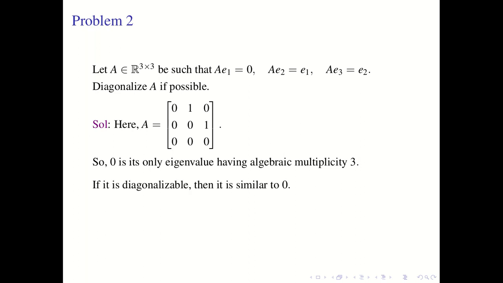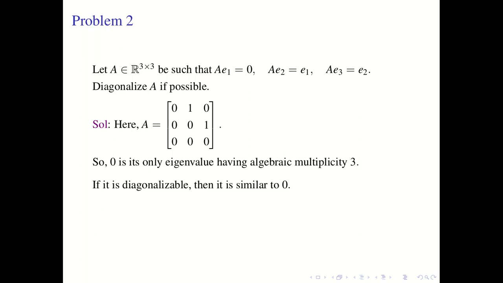Suppose this is diagonalizable, then what would that mean? There exists a matrix P such that P inverse AP is a diagonal matrix with diagonal entries as the eigenvalues, but here the eigenvalues are all 0. Therefore, P inverse AP will be the 0 matrix. But when P inverse AP is 0, what does that mean? A must be 0.